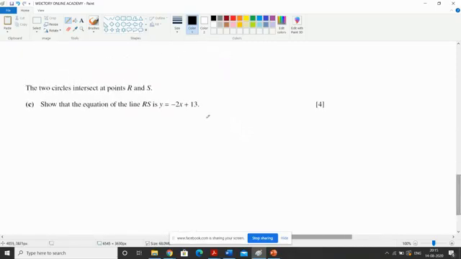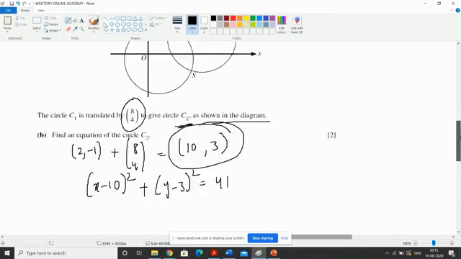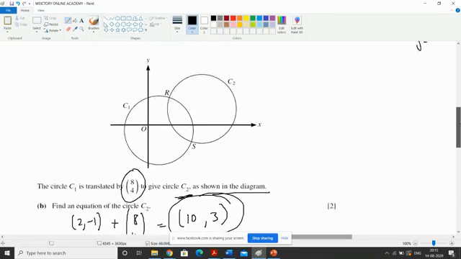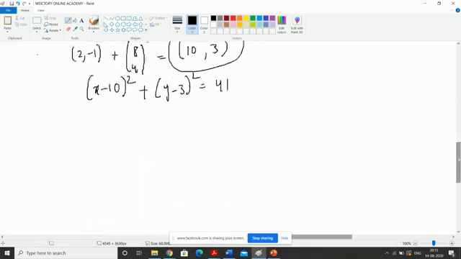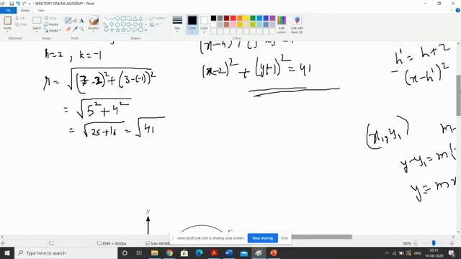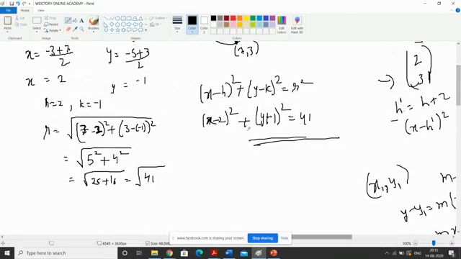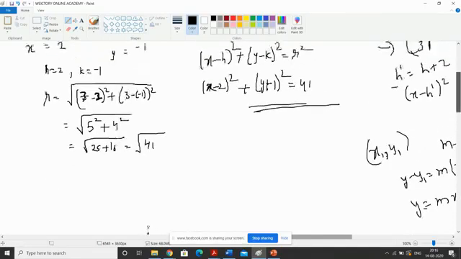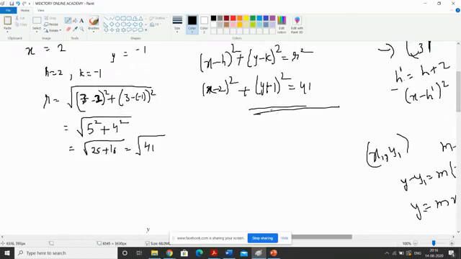Next question: the two circles intersect at R and S. Show that the equation of the line RS is y equals -2x plus 13. So we have the two equations, (x - 10) whole squared plus (y - 3) whole squared.